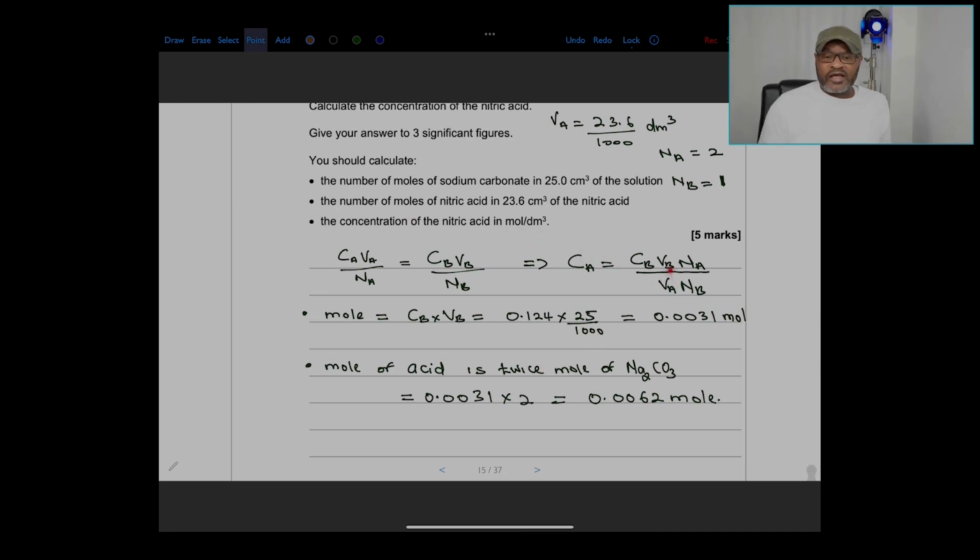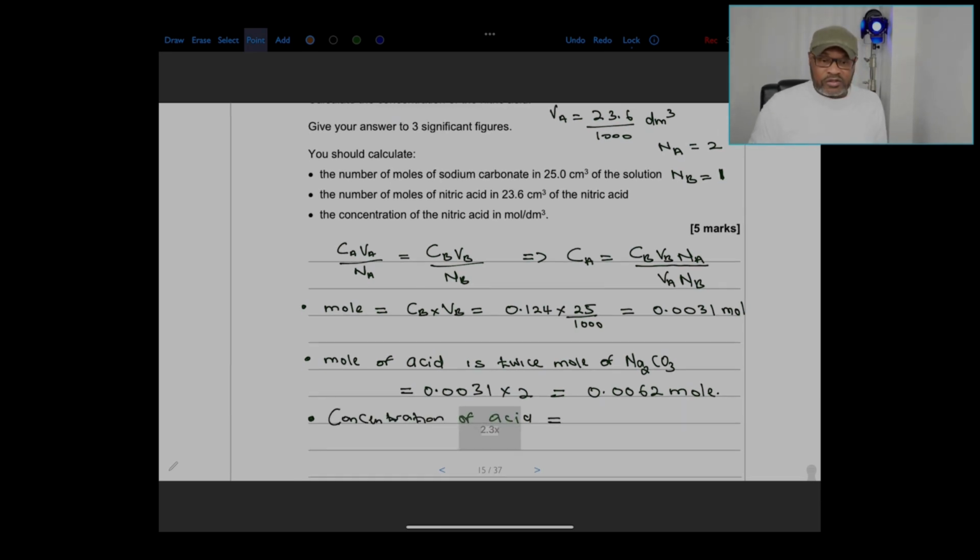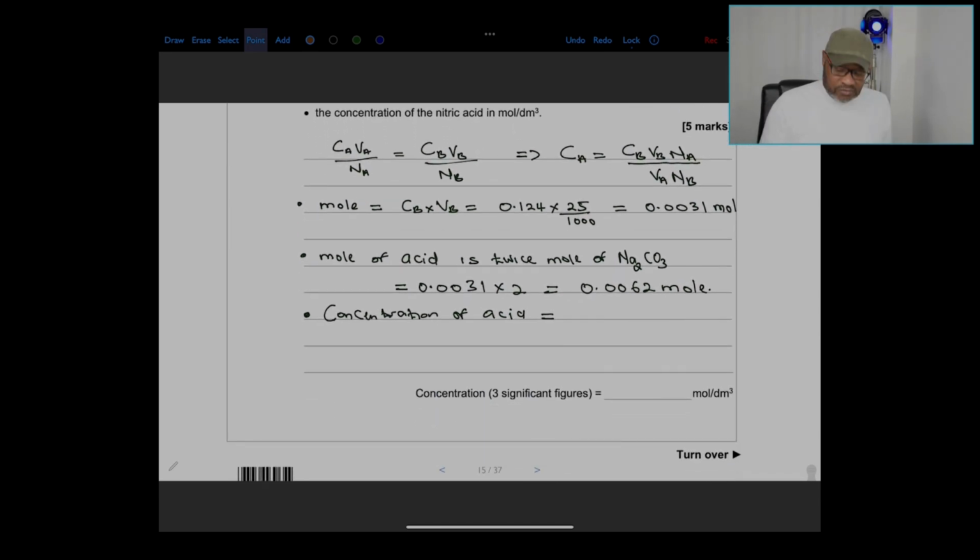Now we need to do the final question here. We need to calculate the concentration of acid. Since we already know the mole, and concentration is mole over volume, we know the mole of the acid, and we know the volume of acid as well. So we could do 0.0062, that's the mole of acid, divided by the volume, which is 23.6 divided by 1000.